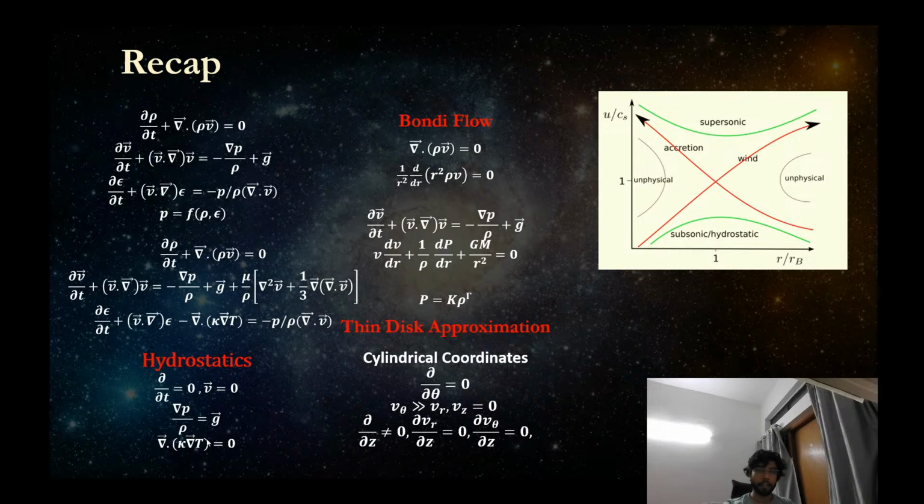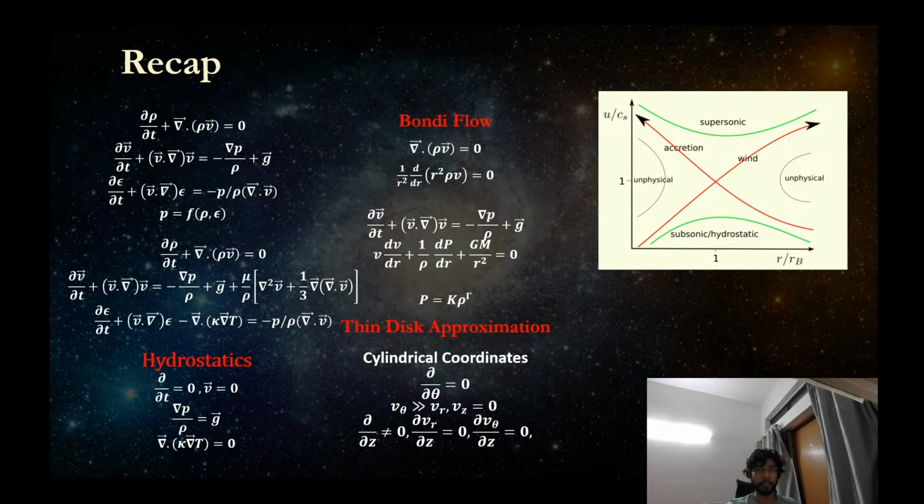Another case that we studied in the previous week is the example of Bondi flow. Bondi flow is when you have, let's say, some compact object and some other star or other gas around it. The compact object, let's say a black hole, will accrete from the gas.